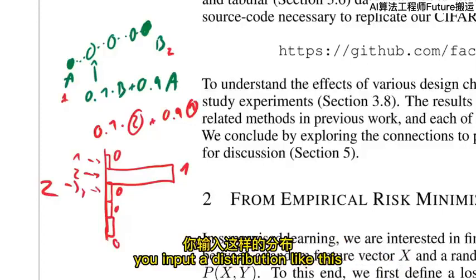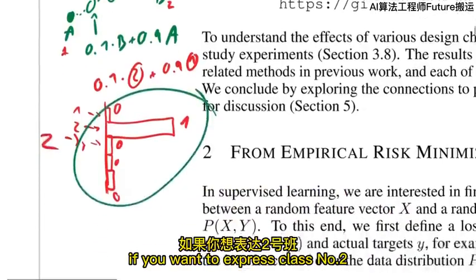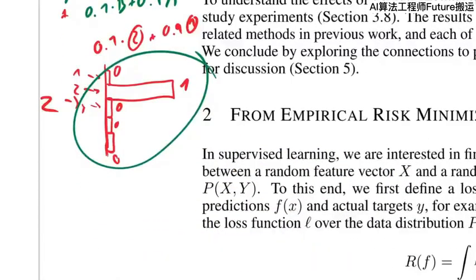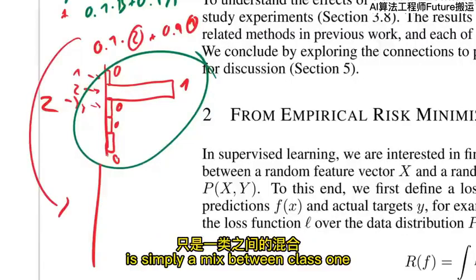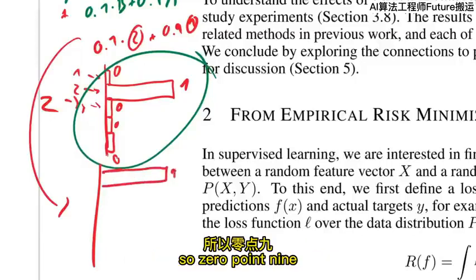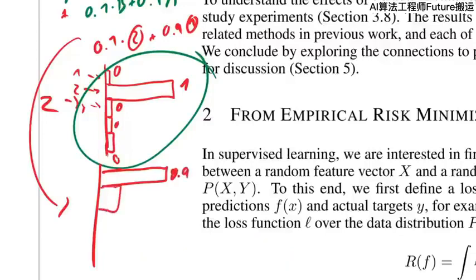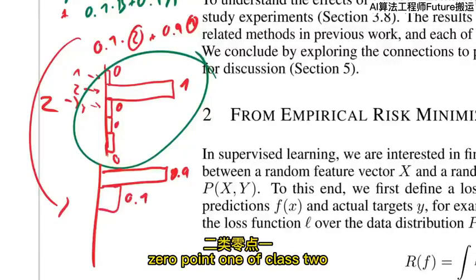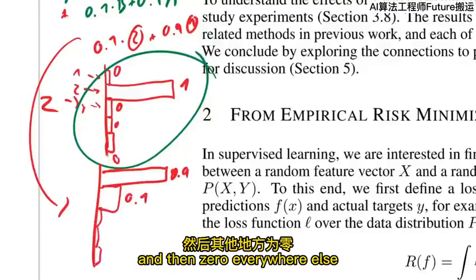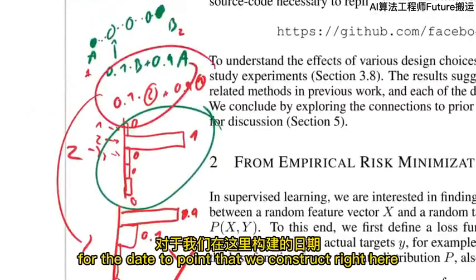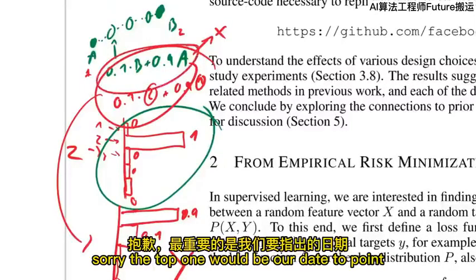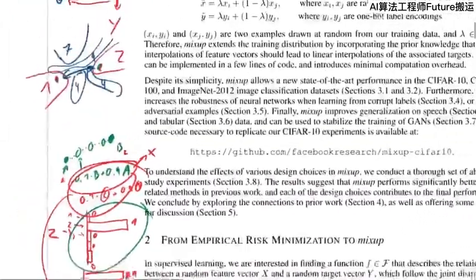You input a distribution like this if you want to express class number 2. Now in our sample right here, what we would input as a label is simply a mix between class 1, so 0.9 of class 1, 0.1 of class 2, and then 0 everywhere else. So this would be our label for the data point that we construct right here. This would be the top one would be our data point.